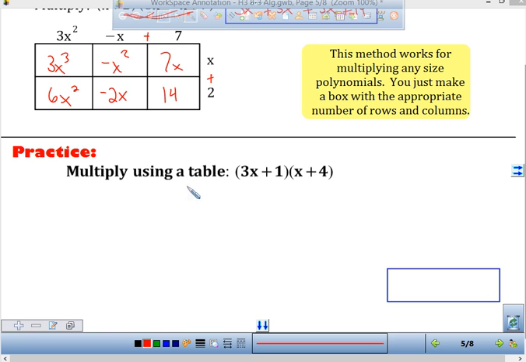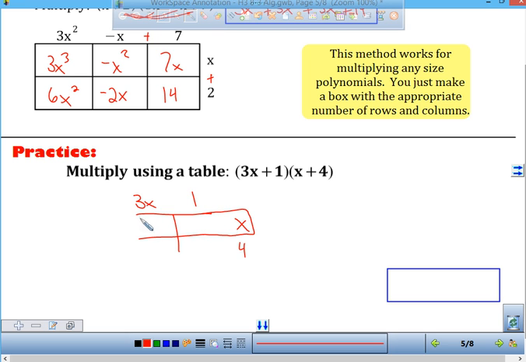So if you were to make this into a table, it would be 3x and 1, and then you have x and 4. And you start multiplying. 3x times x, 3x squared. 1 times x is x. 3x times 4, 12x.